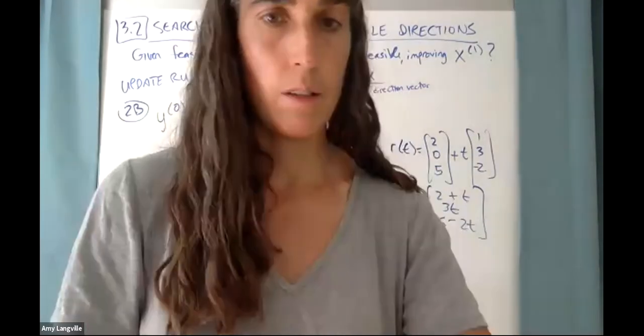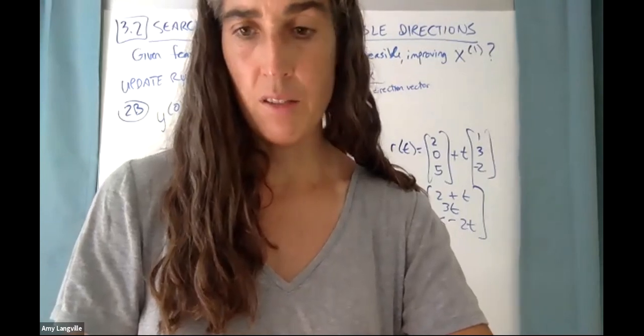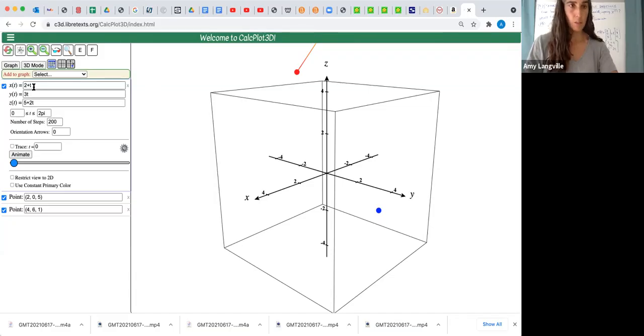Okay, so here's our space curve, but I've got a typo here. This should be a -2, right? So this was y0, the first direction vector at the point (2, 0, 5), y0 in the direction delta y1, (1, 3, -2). So this should be 5 minus 2t.